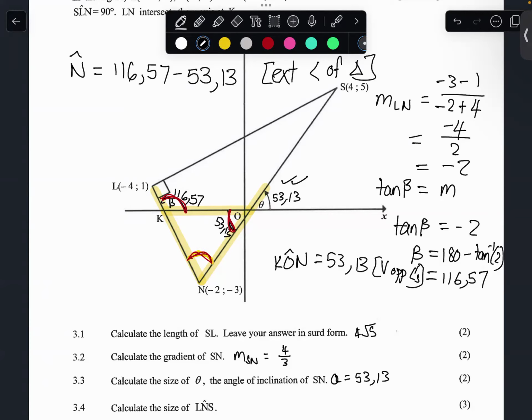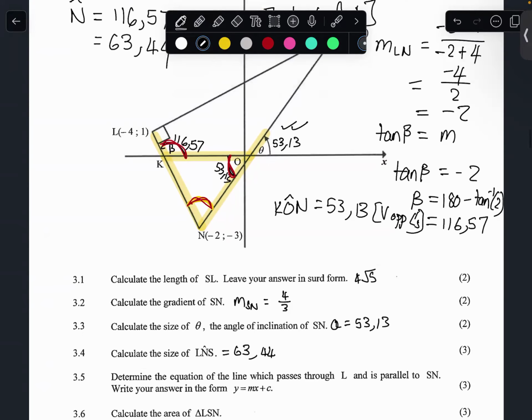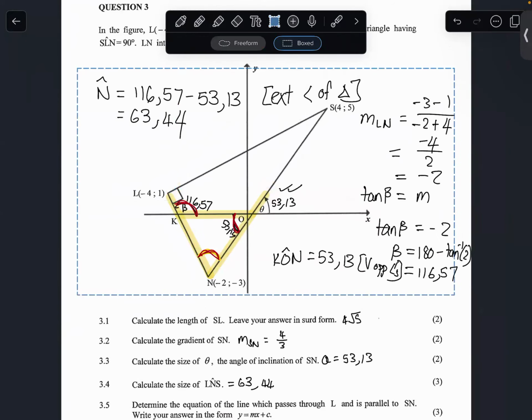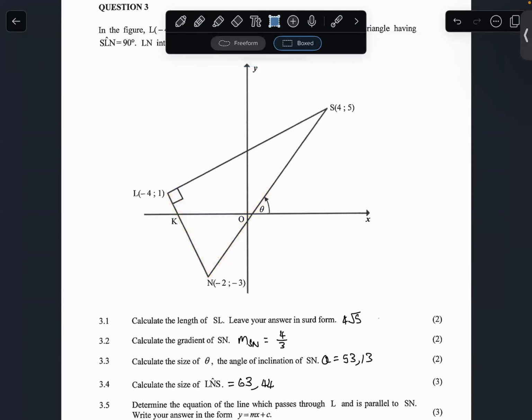It gives you an answer of 63,43. Right. And so here, this answer is 63,44. All right. Determine the equation. Hold on, let's erase all of that. All right.